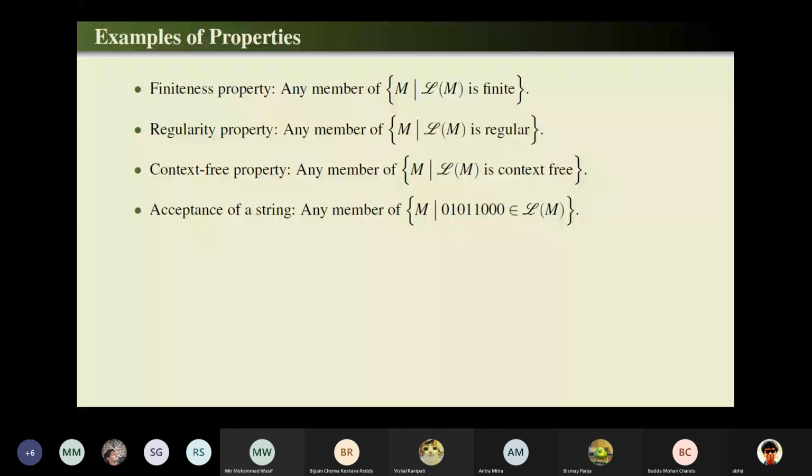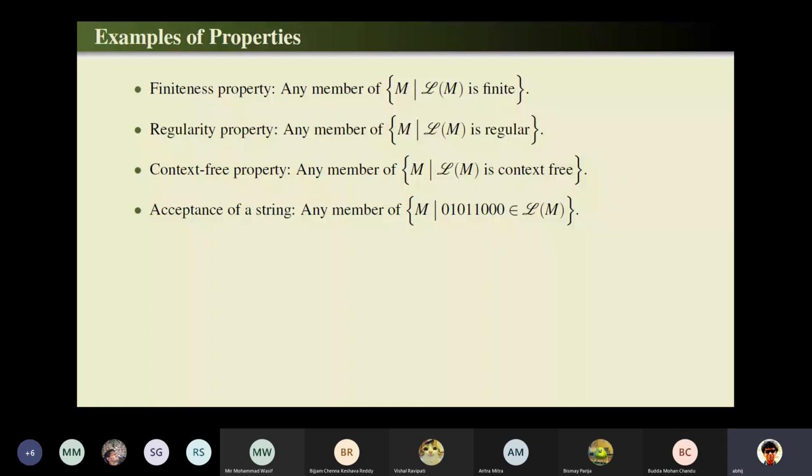So the property is that this string belongs to that RE language. So I pick any Turing machine M whose language should accept that string, and I take that Turing machine as a representative of this entire property class.